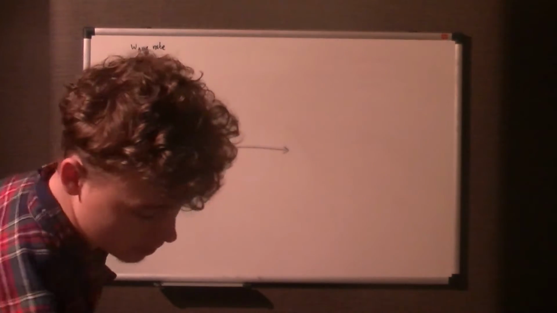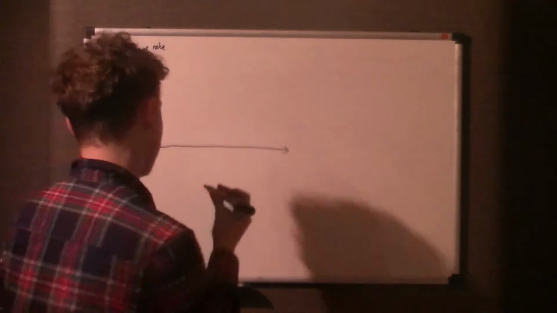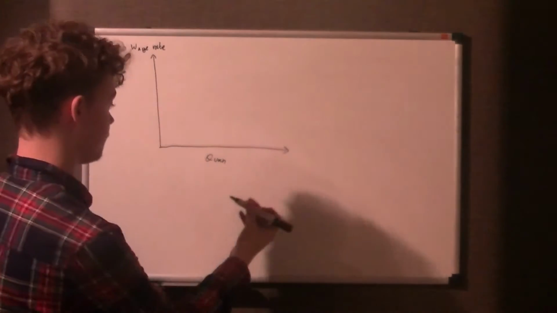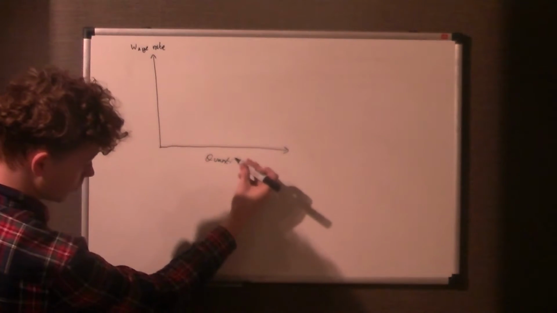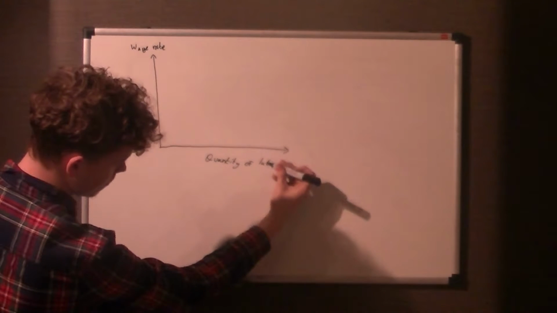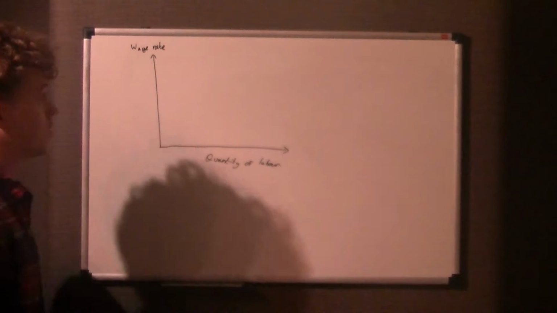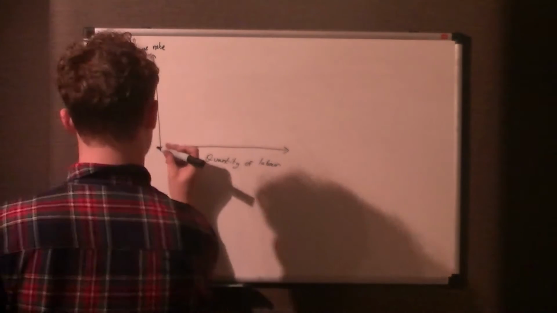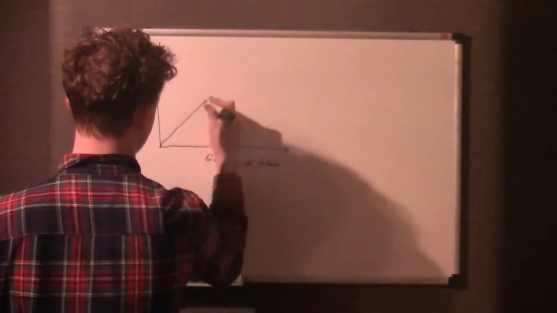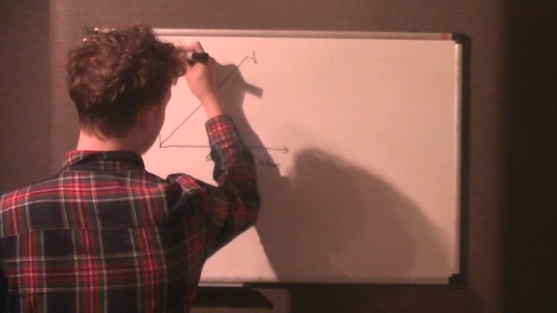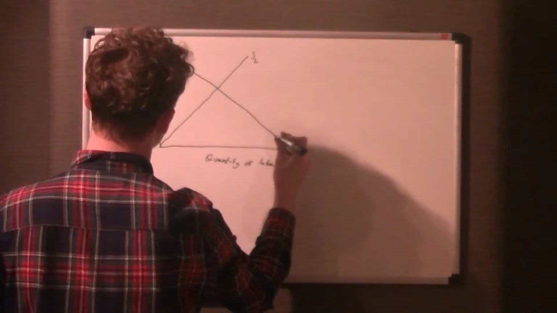And then on the bottom we've got quantity of labour. So there are your two main things. Okay, so let's draw the supply curve. So supply for labour and demand for labour.